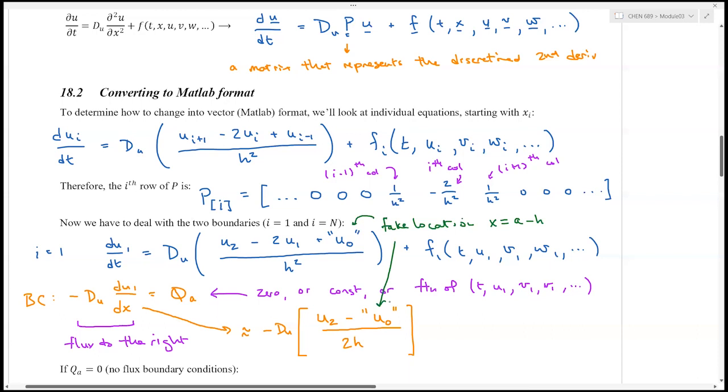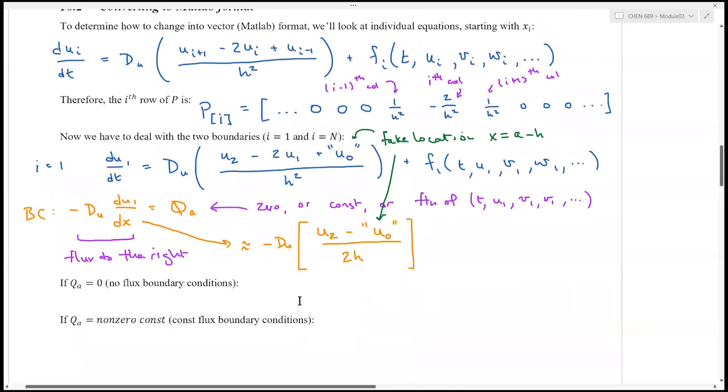So let's take a look at the simplest example of how to use this, and that would be if qa equals 0, so we have no flux boundary conditions. In the case of no flux boundary conditions, where this is equal to 0, then you can simply solve for this fake term, u0, and that's just equal to u2, just by plugging in the above equaling 0.